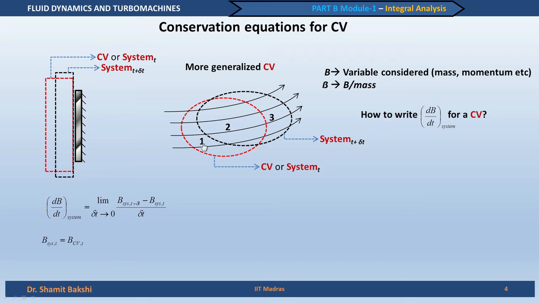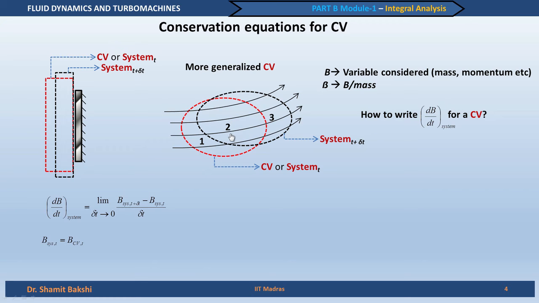So, 1 has entered into the control volume, 3 has gone out of the control volume during the time delta t, and 2 has remained within the control volume during this duration. So, we divide it into these 3 parts.